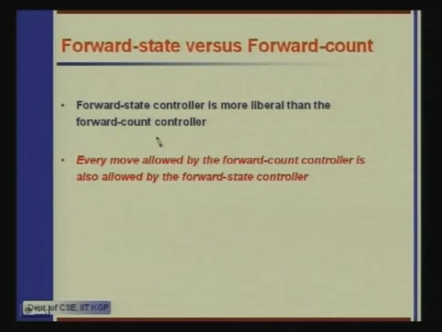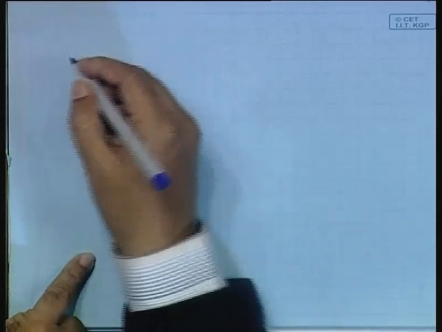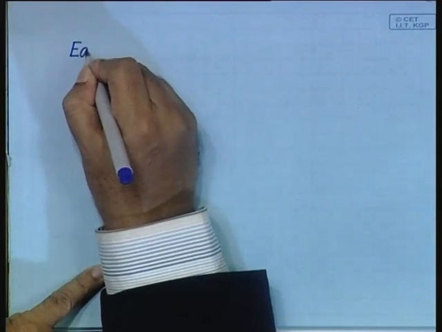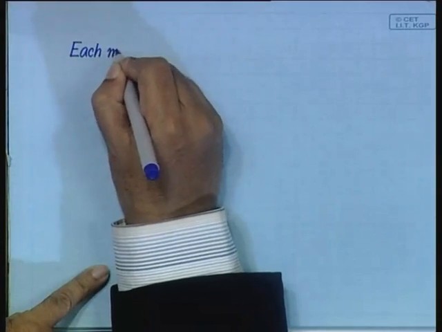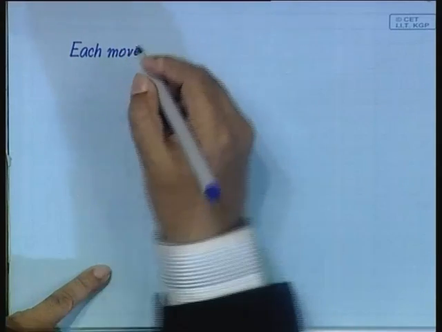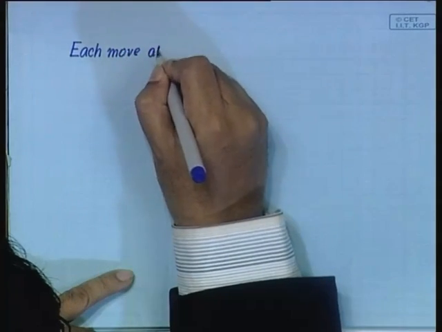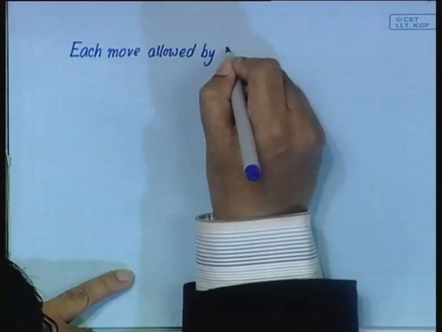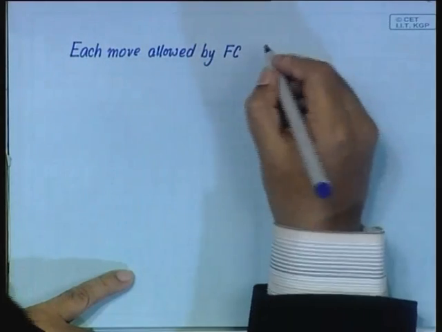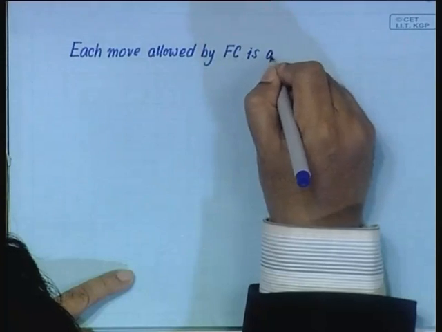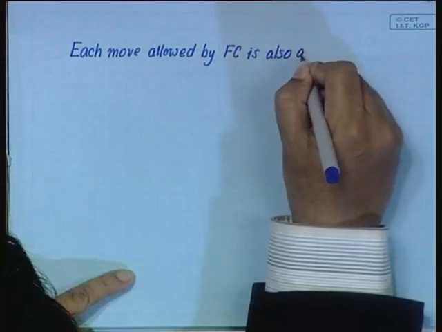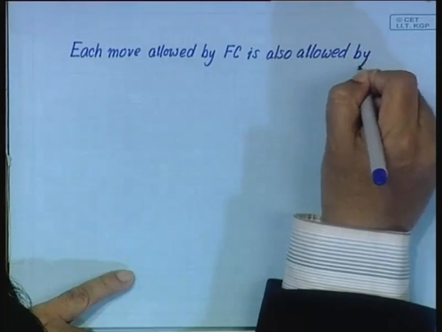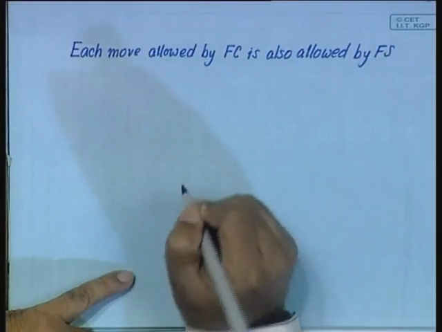So, to prove that, we will prove that each move allowed by FC, the forward count controller, is also allowed by the forward state controller.